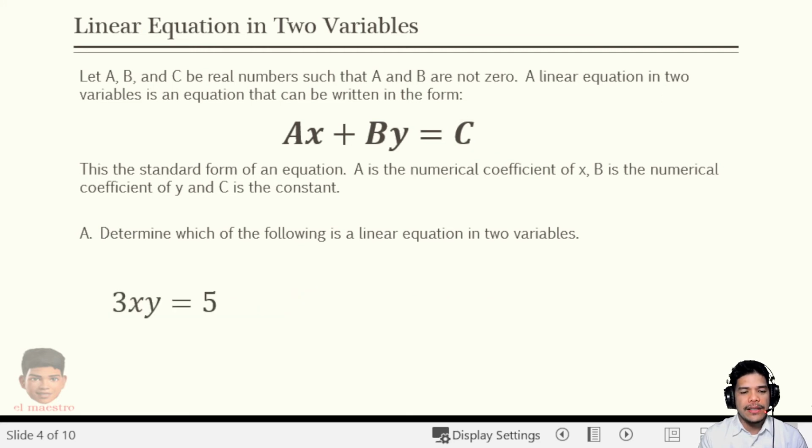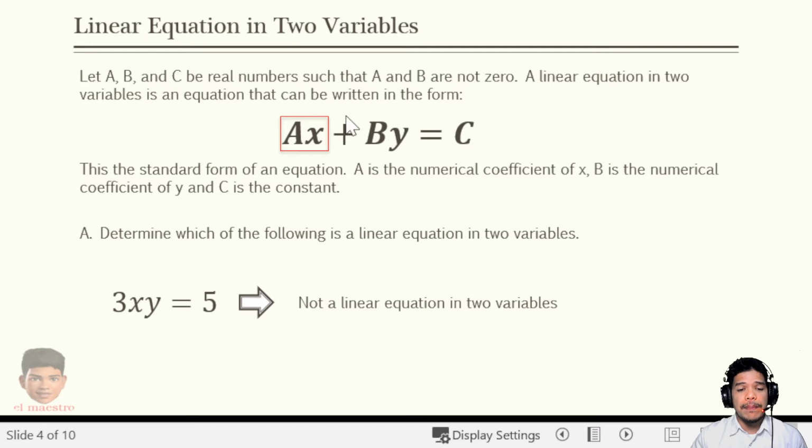Again, this one, 3xy is equal to 5. Is this a linear equation in two variables? Maybe some of you will say, okay, that's a linear equation kasi in two variables kasi meron dalawang variables, diba? X and y. In that case, this is not a linear equation. Bakit? Tingnan nyo. Yung x at y, dapat separated siya ng isang operation, a plus or it could be a minus sign.